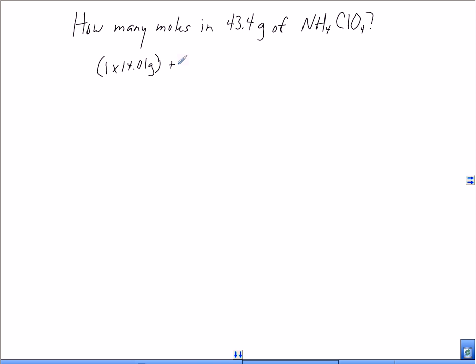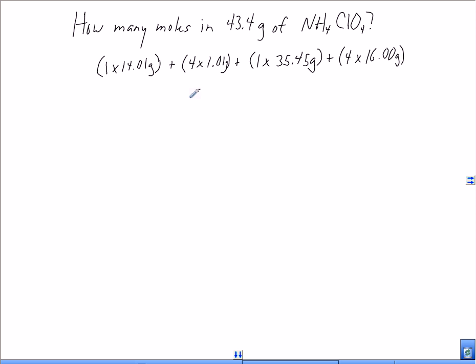And I'm going to add that to 4 hydrogens times the mass of a single hydrogen in grams, and 1 chlorine. Again, I'll keep it consistent with the rest of the problem. Off the periodic table, 35.45 grams. And then 4 oxygens times the mass of a single oxygen's molar mass, 16 grams.